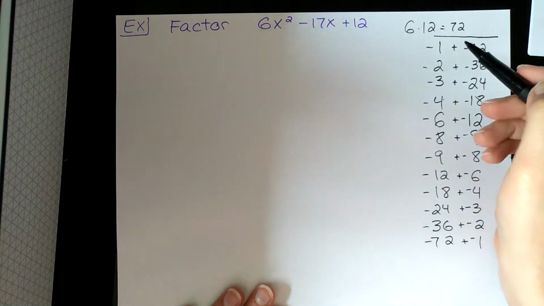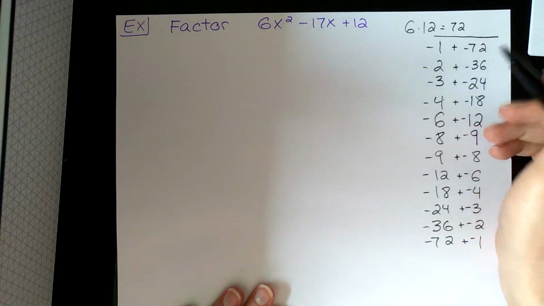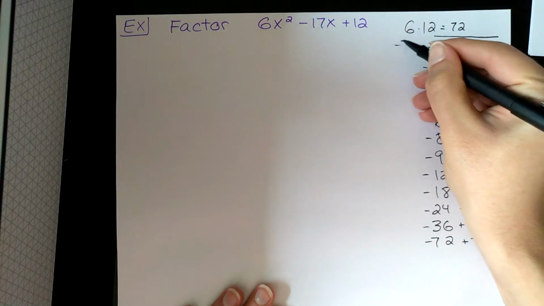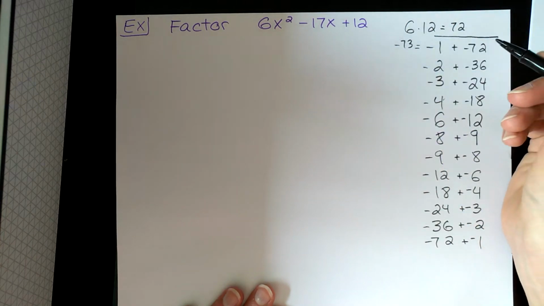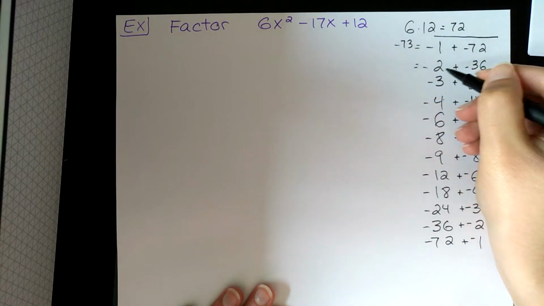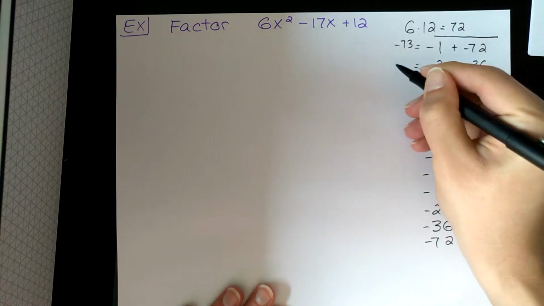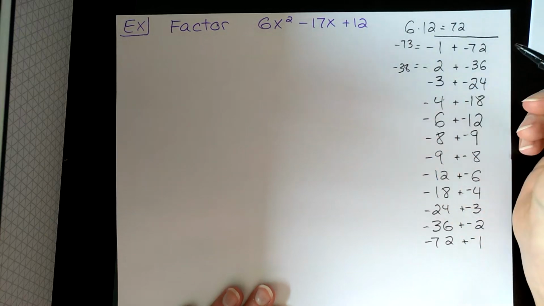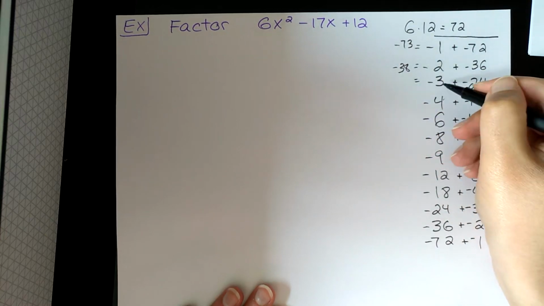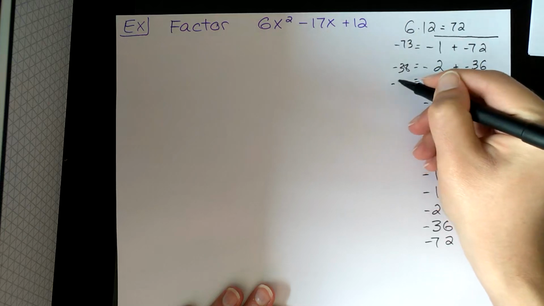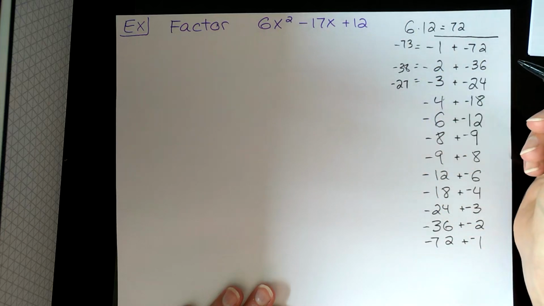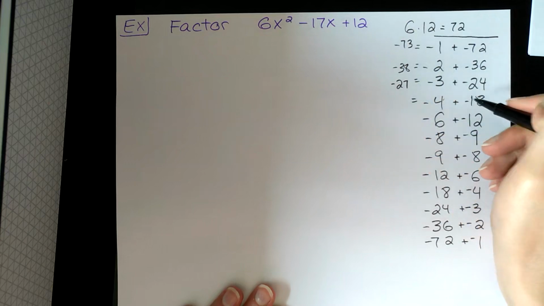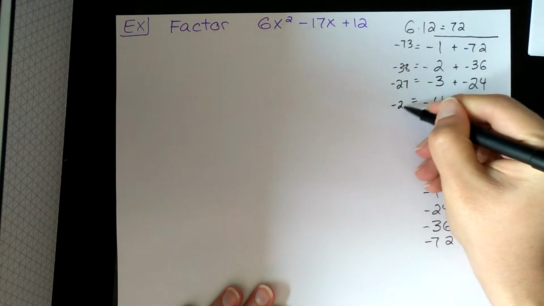So if we start going through our list, negative 1 plus negative 72 is negative 73. That doesn't work. Negative 2 plus negative 36 is negative 38. Still no good. Negative 3 plus negative 24 is negative 27. Nope. Negative 4 plus negative 18 is negative 22.